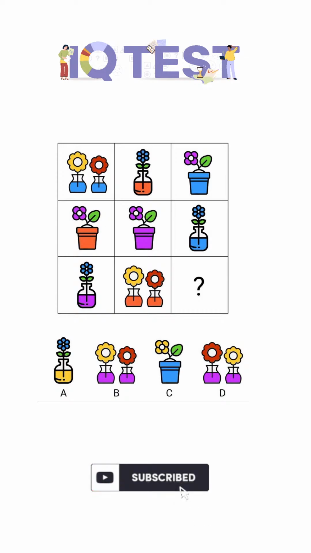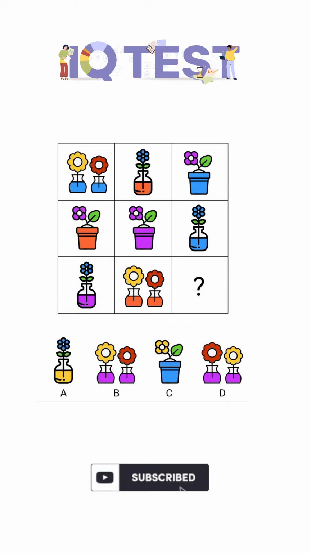Are you sure? Why are you saying C? Because if you look at all the flowers, there is no yellow flower with green leaves. Look at it. The first one is a yellow and brown flower, then a blue flower and a green leaf, then a purple flower and a green leaf. That is the pattern.